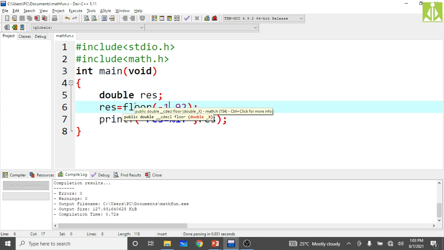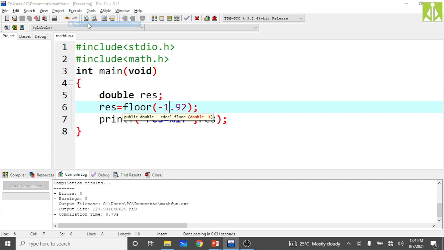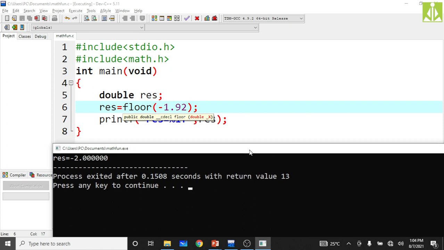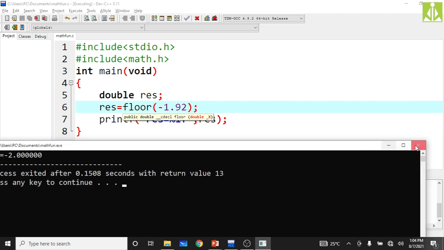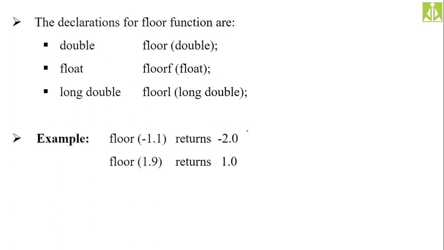Simply compile it, compilation successful, and run it, and you can see minus 2 as we discussed. So the nearest possible whole number in the left hand direction is minus 2. This is about floor functions.